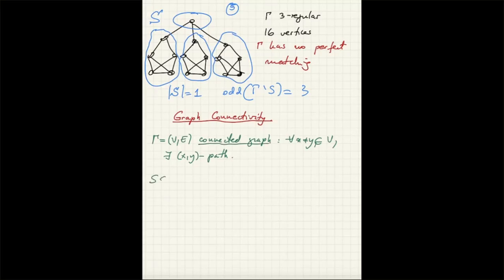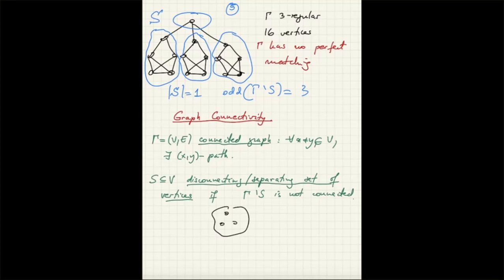Now if we take a subset of vertices S, this is called a disconnecting set or separating set. You have to specify what objects are there, so vertices, if gamma minus S is not connected. The picture would be something of the following.